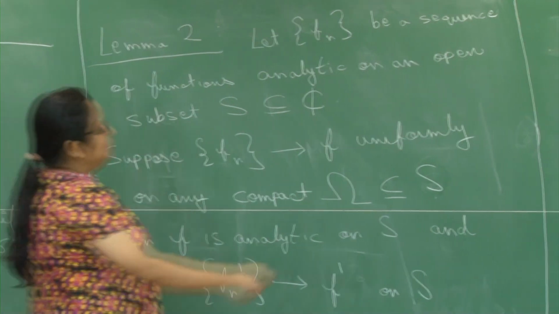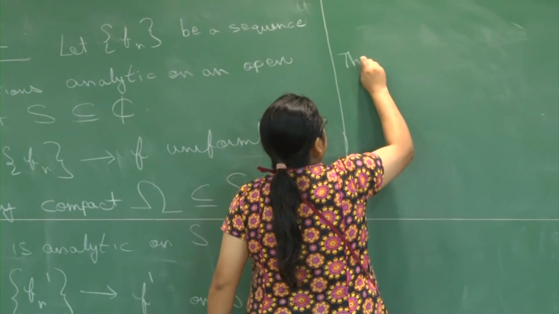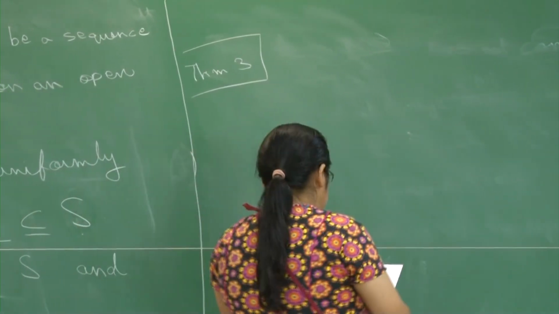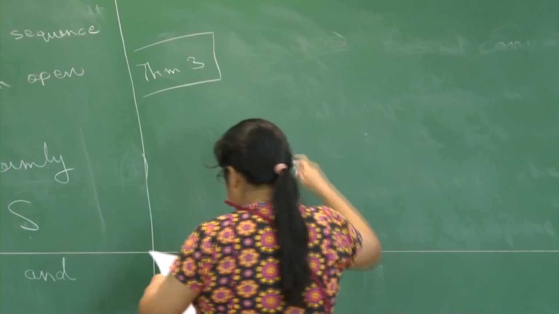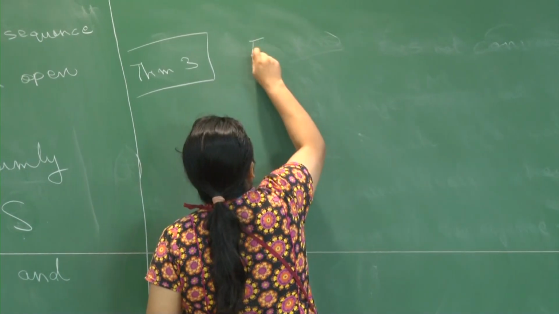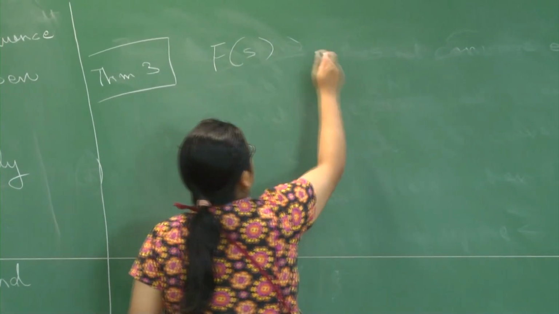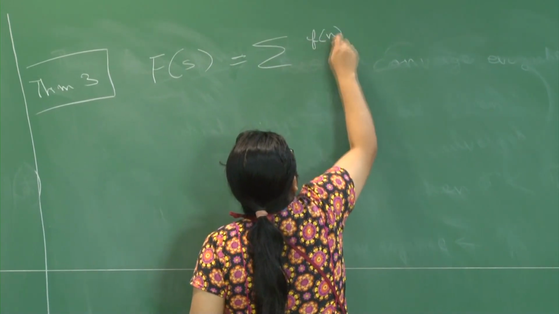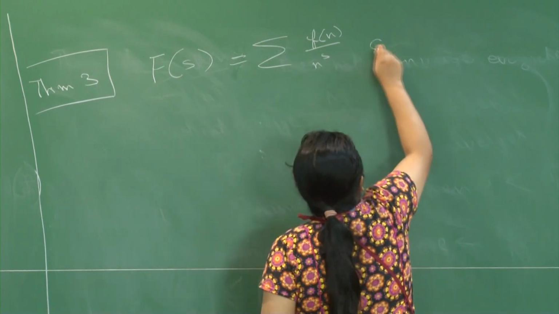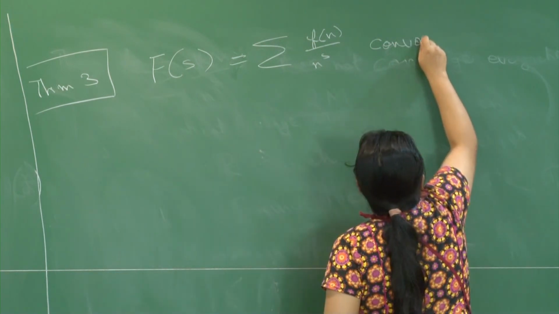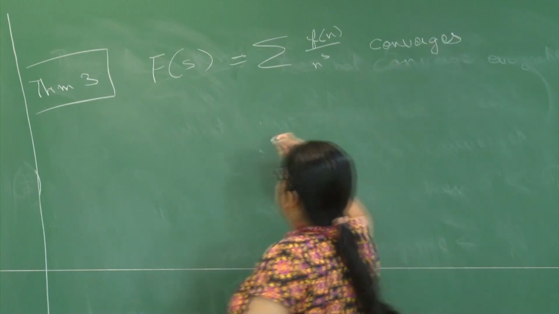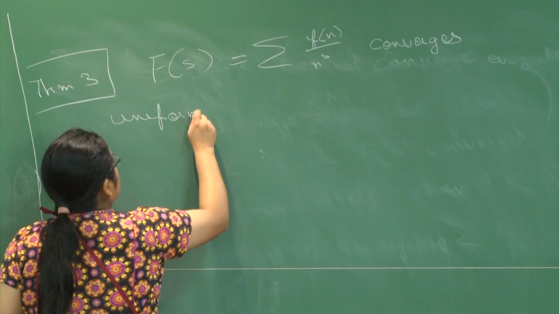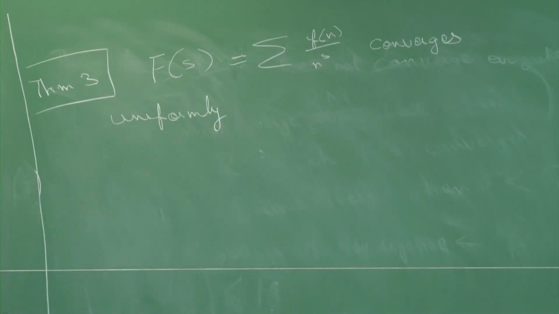So here is the theorem that we are heading towards. Suppose you have a Dirichlet series f sub s which converges uniformly. Actually this is what you want to prove.